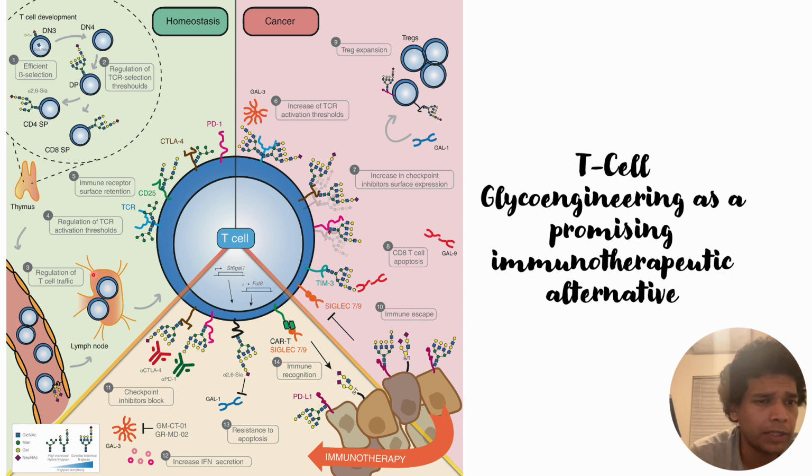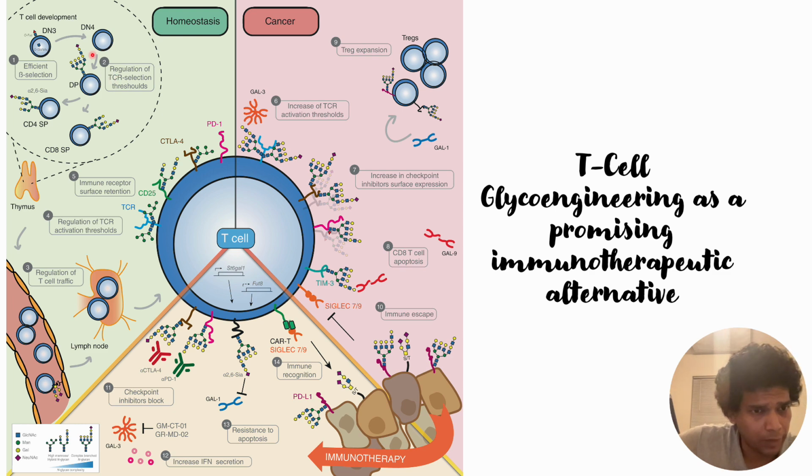So this way it will regulate the T cell traffic, and during this process the glycan also plays an important role. And when these glycans come in close with the other neighboring immune cells such as CD25 and CTLA4, it will start producing less complex N-glycan structures that can be seen here in this TCR.